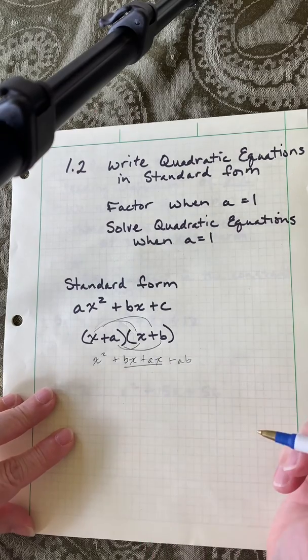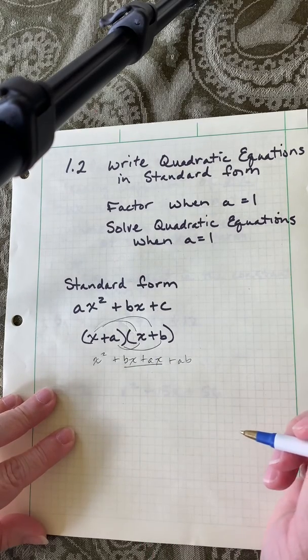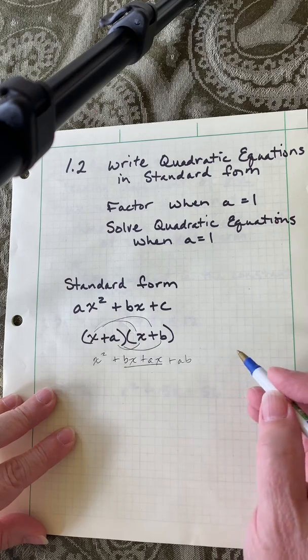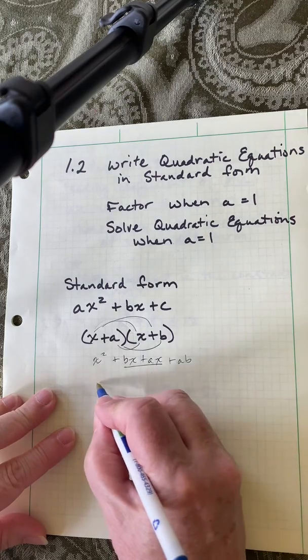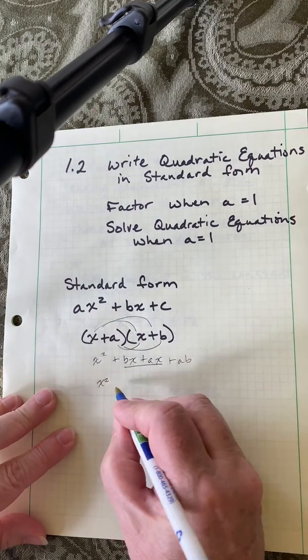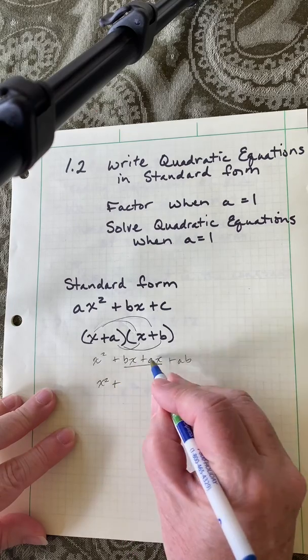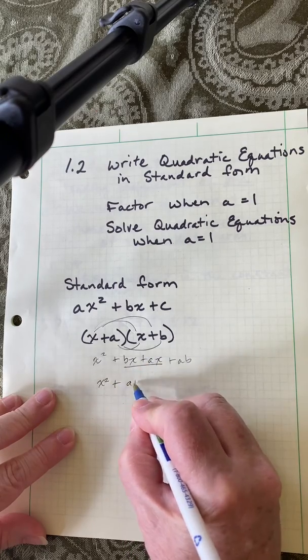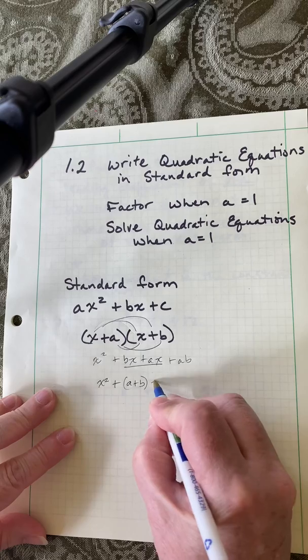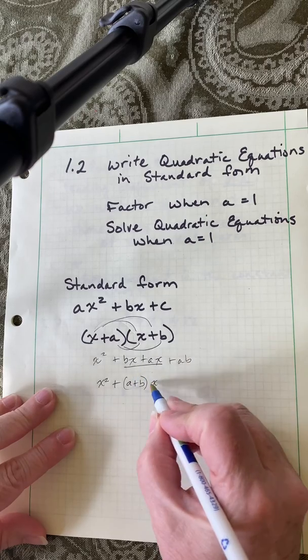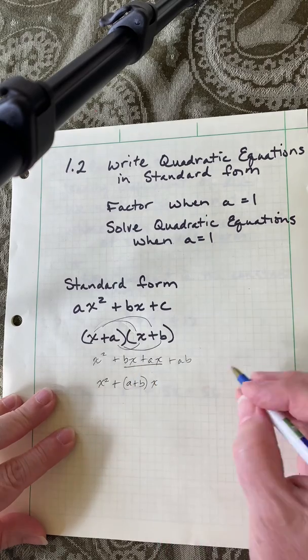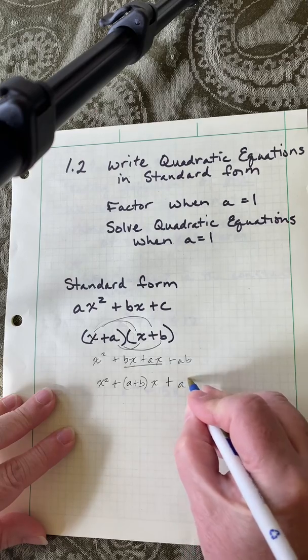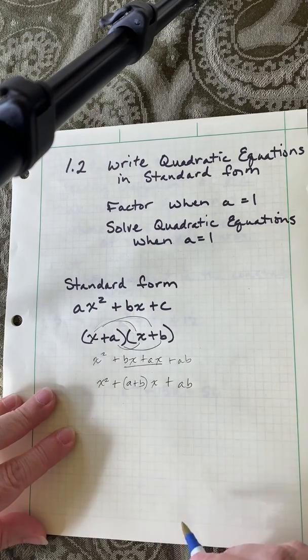Right, these guys here are actually like terms, so I am going to factor the x out of there and rewrite that. So this is going to be x squared plus, and I'm going to switch up the order here too, so I'm going to say a plus b times the x. They both factored out that x because they both have it in there, plus the ab back here.